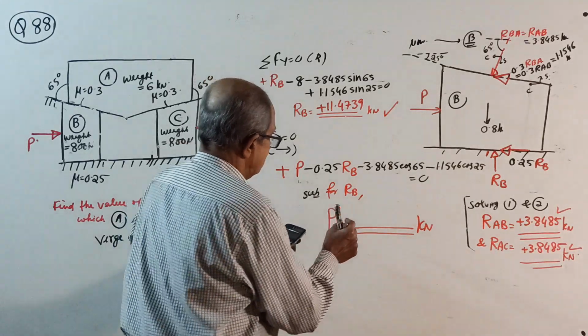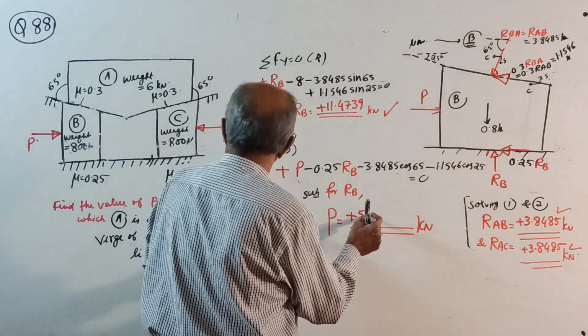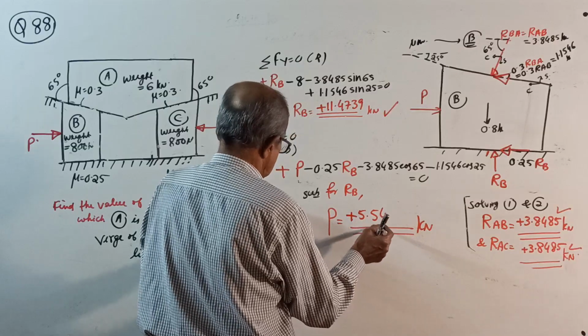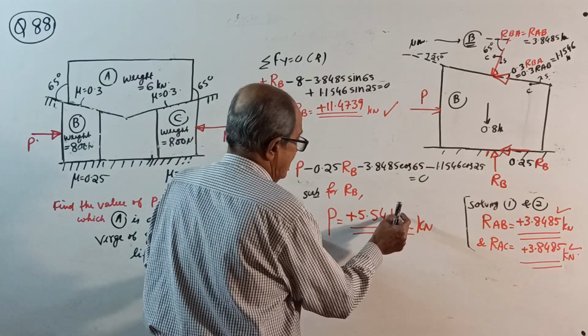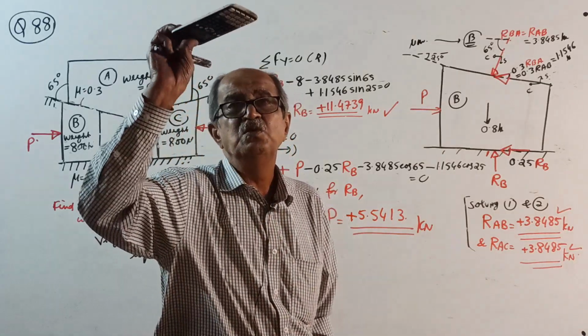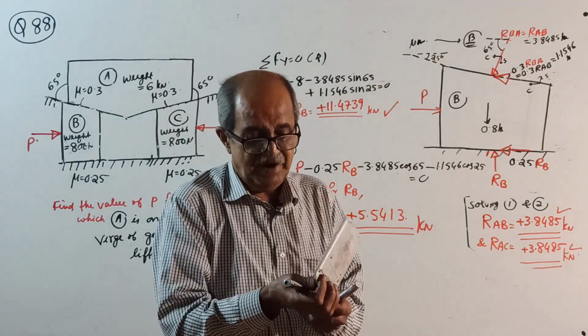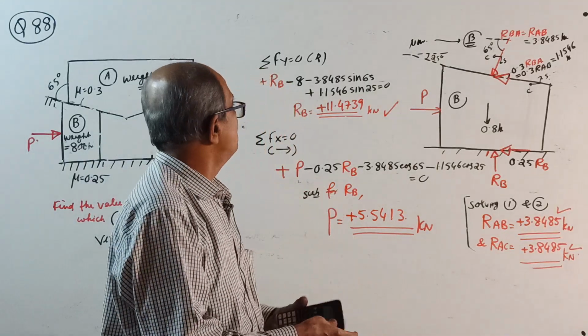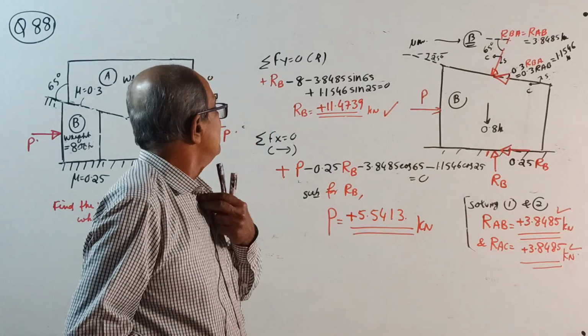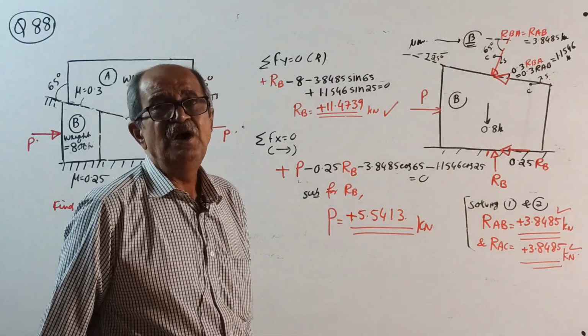P will come as 5.5413, which is the answer as per the calculation done in this old and problematic calculator. Remember that way. Sometimes one number will not come. In the complete subject I will tell. If anything is wrong, you correct it.